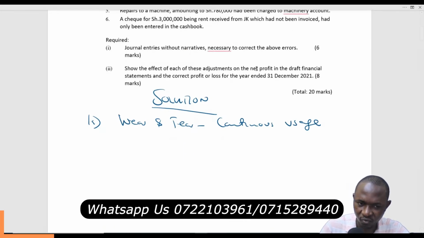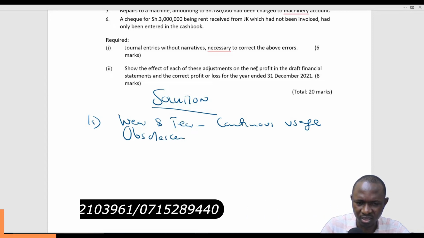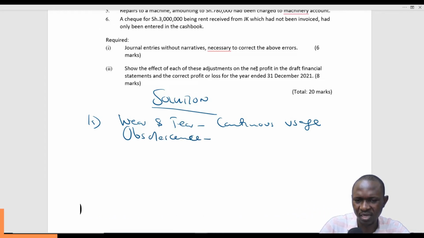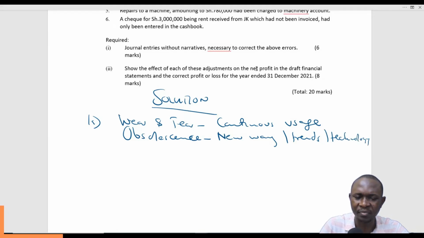The other reason for depreciation is obsolescence. Obsolescence is simply as a result of new ways or new trends or new technology coming into play that renders the previous technology useless.